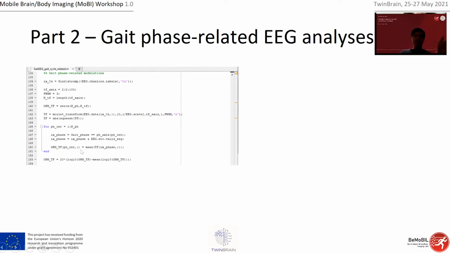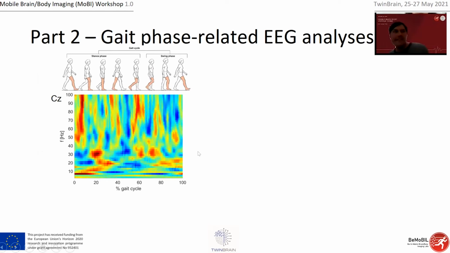That you can do, but it's a richer signal because for every channel you have a matrix of number of time points times number of frequency bins. That's exactly what I did here. I did it for all frequencies between 2 and 200 hertz, which is a bit too ambitious, I think.